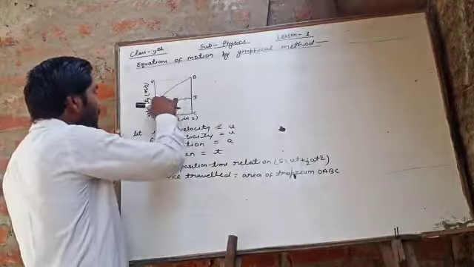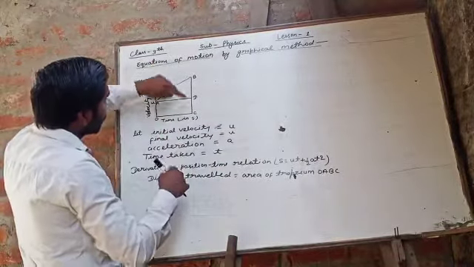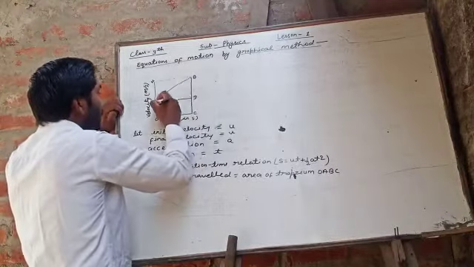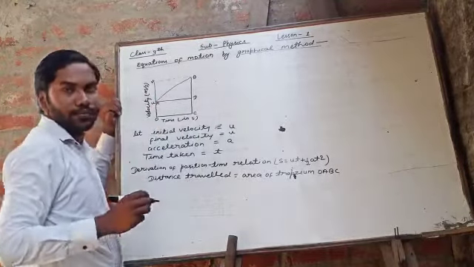And you can see here in the trapezium there is one triangle and one rectangle.